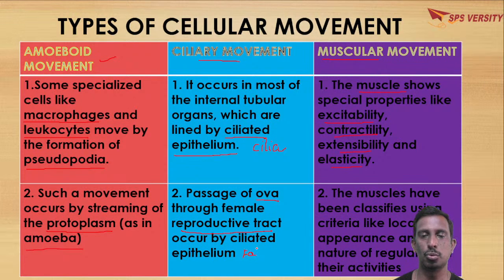The fallopian tube is lined by ciliated epithelium, which will push the ovum towards the uterus. The muscle movement may be a change in location, appearance, nature of regulation of activities. So these are three types of movements: amoeboid movement, ciliary movement, and muscular movement.